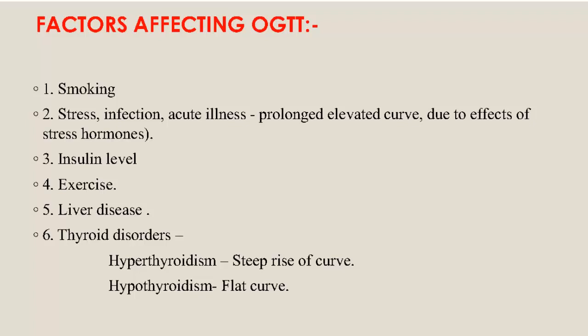Now the next point is thyroid disorders. The thyroid disorders can influence the OGTT curve because thyroid hormones affect glucose metabolism in various ways. Later you will learn. In hyperthyroidism, there will be a steep rise of the curve, and in hypothyroidism, there will be a flat OGTT curve.